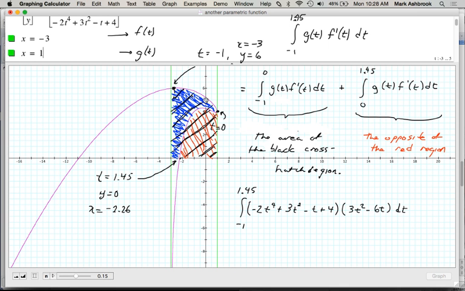So this is 5. And this is what? -3 and 1. So maybe that whole black region there is about 5 times 3, about 15 or 16.